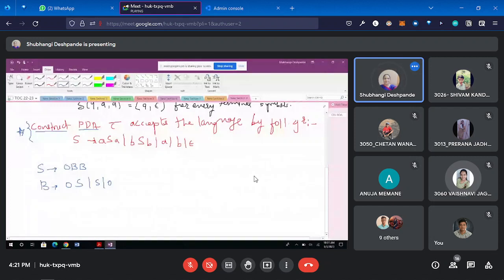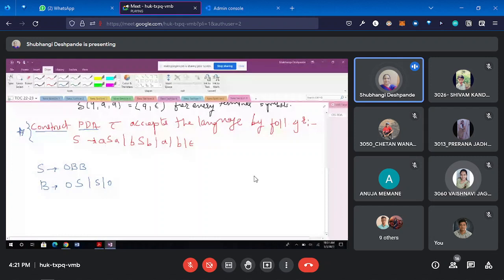Now we will have R1 and R2, both rules are there, rule 1 and rule 2. One rule is for terminals and one rule is for non-terminals. So let us start with this.